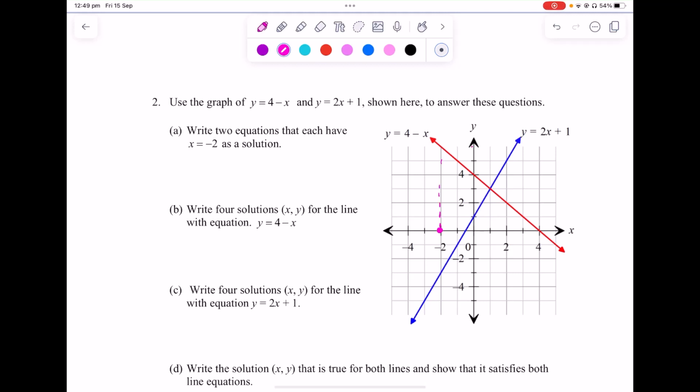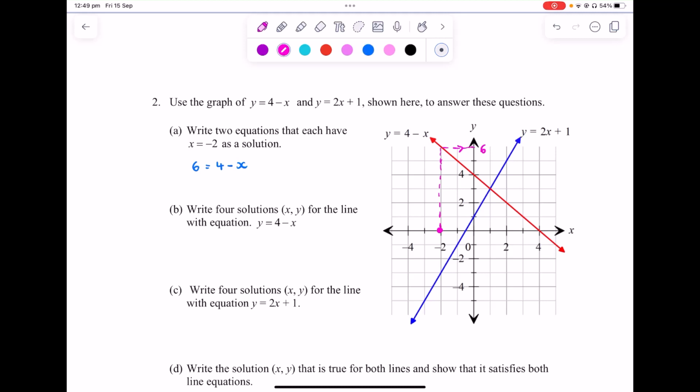If I go up here and hit my line and go across and read off, I have 6 here. So an equation could be, instead of y equals 4 minus x, I could say 6 equals 4 minus x. And you know that if you solved that, you would still get x equals negative 2 as a solution.